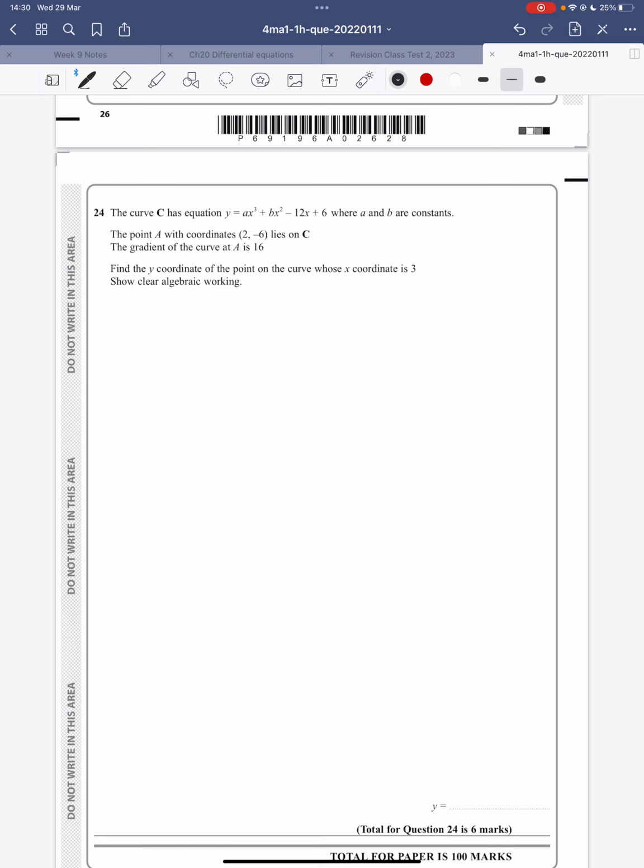If we substitute x is 2, y is minus 6, that's going to give us minus 6 is a times 2 cubed plus b times 2 squared minus 12 times 2 plus 6. So therefore 8a plus 4b, and this is minus 24 plus 6, it's minus 18, so it's minus 6.